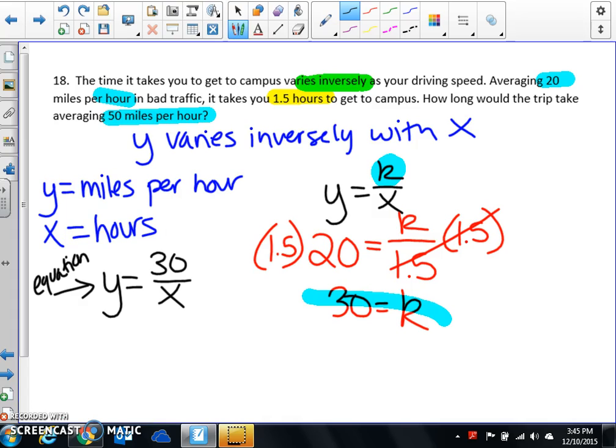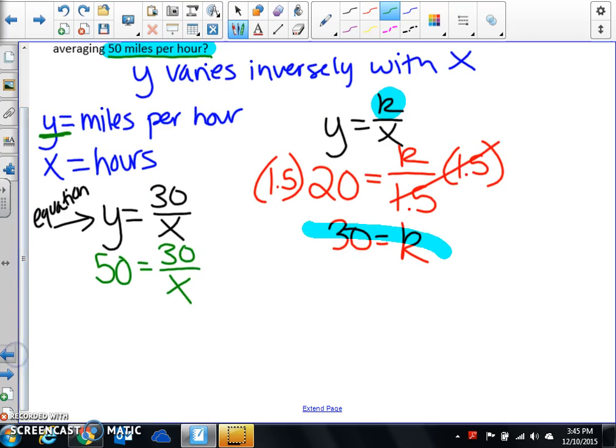Okay, so now they ask us, how long would it take for 50 miles per hour? Miles per hour, remember, is y. So miles per hour, I'm going to put 50 here. And then this time I have to solve for x. Now this is a little sneaky because remember, you can't just start by multiplying by 30. You always have to multiply by the denominator.